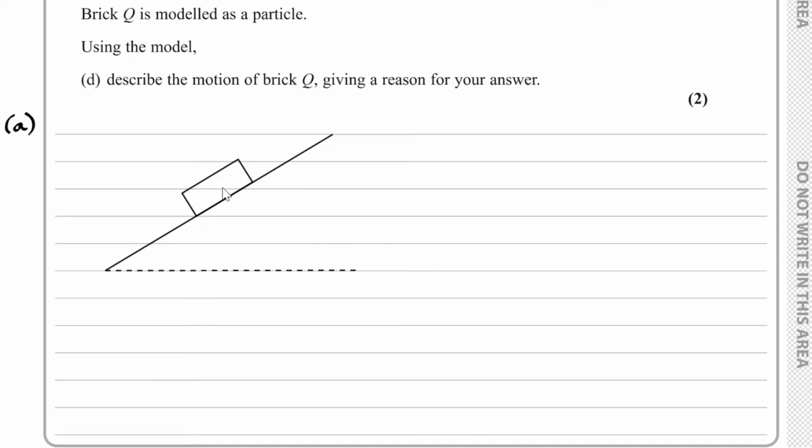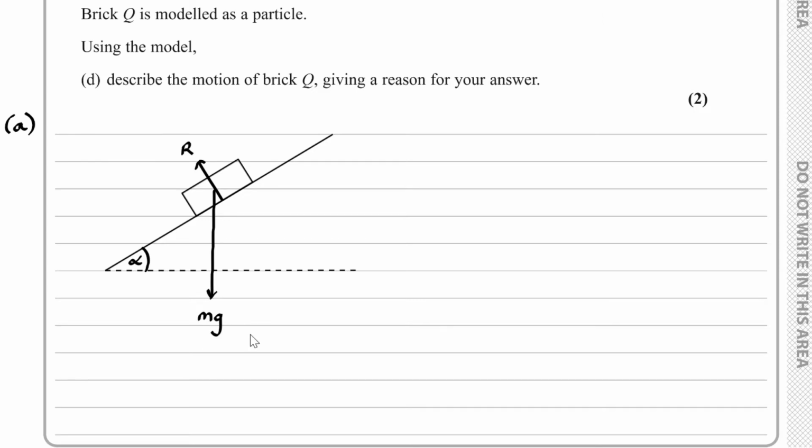So we've got this brick resting on an inclined plane. We have our angle alpha, and at this point it would be a good idea to add on the relevant forces. We have the reaction, as shown here. We've got the weight acting from the centre going down, so here we have mg.